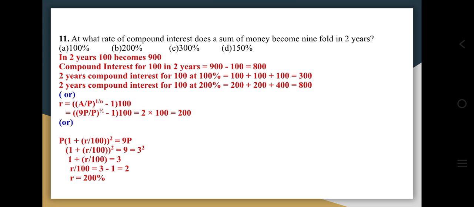So the second year compound interest is 200 plus 400. The first year compound interest is 200, so the 2 years compound interest is 200 plus 200 plus 400, that is 800, which is our given compound interest for 100 in 2 years. So the answer is 200%. So without using the formula, in this way also we can do the problem.